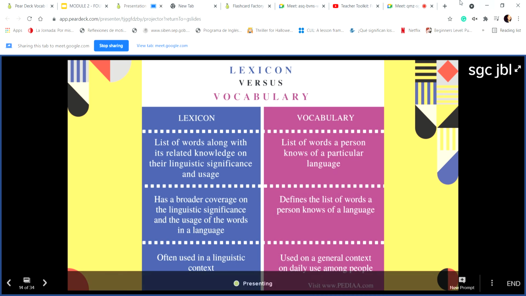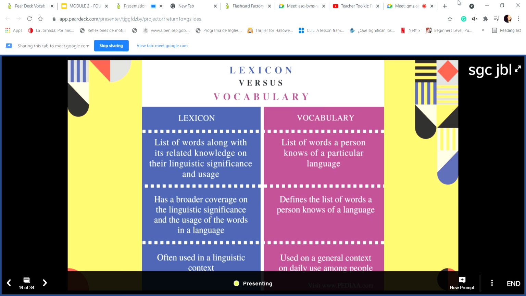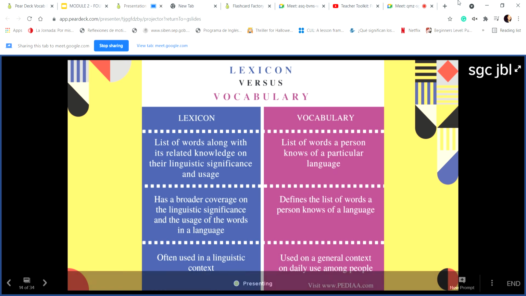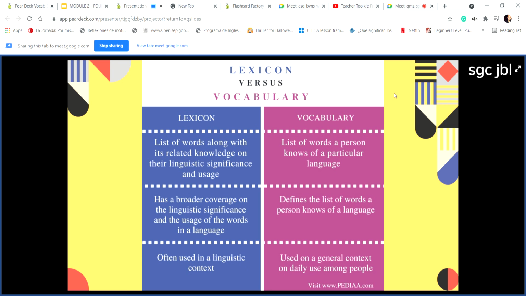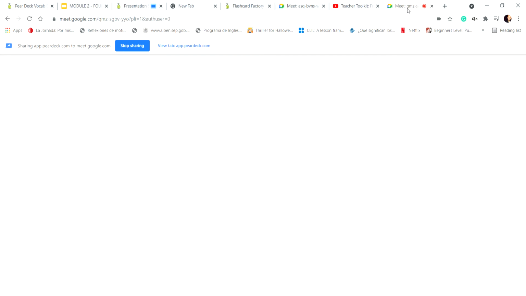But it's different from lexicon. Lexicon is a list of words along with its related knowledge on their linguistic significance and usage. Vocabulary defines the list of words a person knows of a language. Lexicon has a broader coverage on the linguistic significance and the usage of the words in a language.